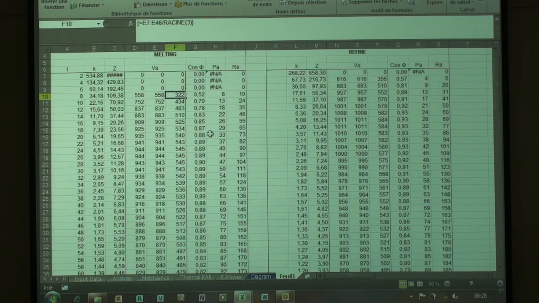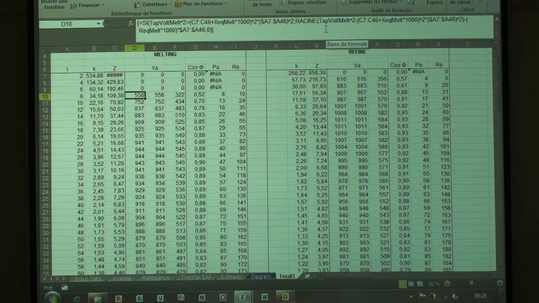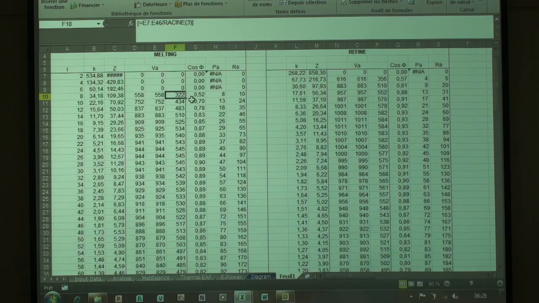Because here you see the impedance is done with the phase voltage. So I want to have the earth to phase voltage here for the arc. So finally, the arc voltage is right here.